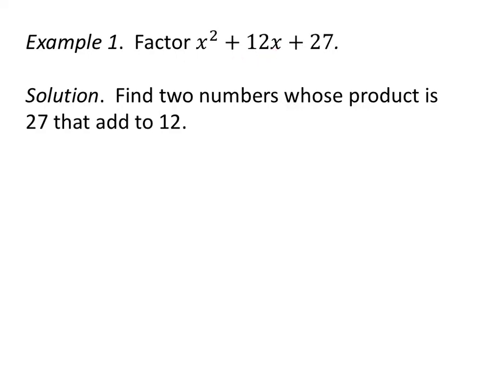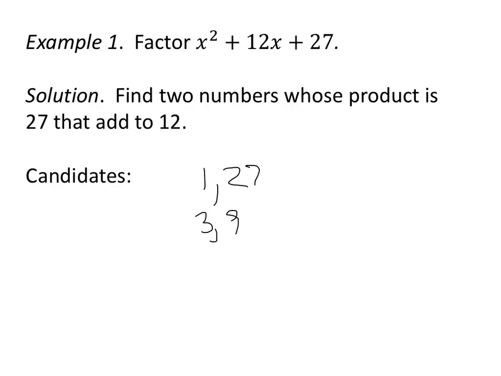Now, I can think about several candidates. What kinds of numbers multiply to give you 27? Well, I could do 1 and 27, and I could do 3 and 9, and I could do 9 and 3. Notice I'm doing positive 27 here, and those are really the only factors that I have.